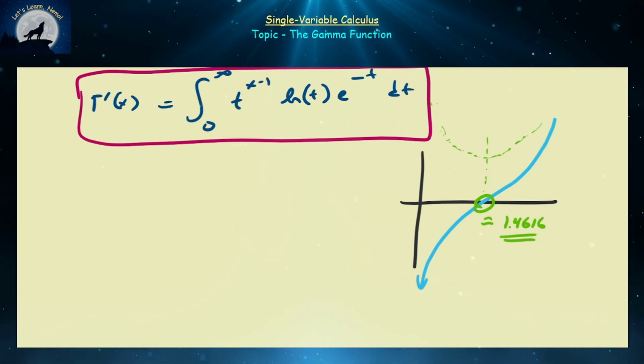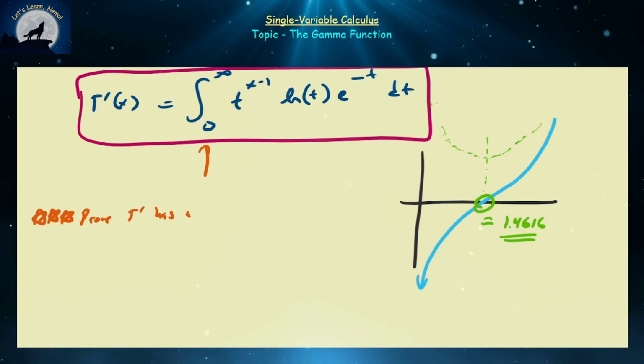1.4616, approximately. Now, from this definition of the gamma function, as an exercise, I wouldn't say it's extremely easy, but try to prove that gamma prime has a unique 0 on 0 to infinity.